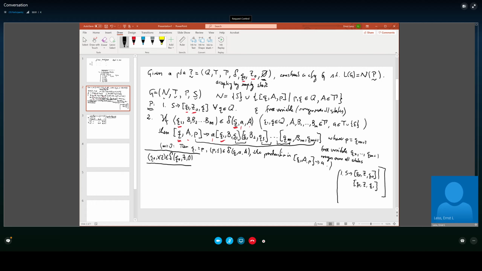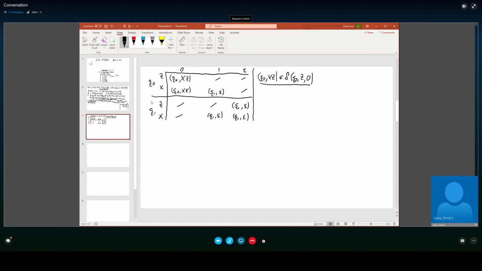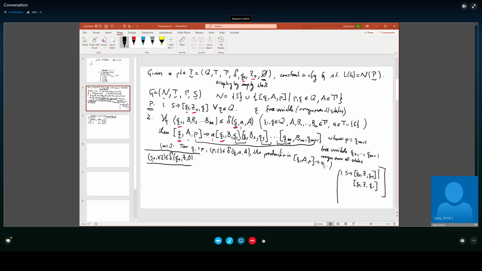Since we have this Q being a free variable, it has to range over all states. So that means in this particular case, in our push-down automaton, we have two states, Q0 and Q1. So that means we're going to get two productions. S goes to Q0, Z, Q0, and S goes to Q0, Z, Q1, because that Q that we have here ranges over all states.